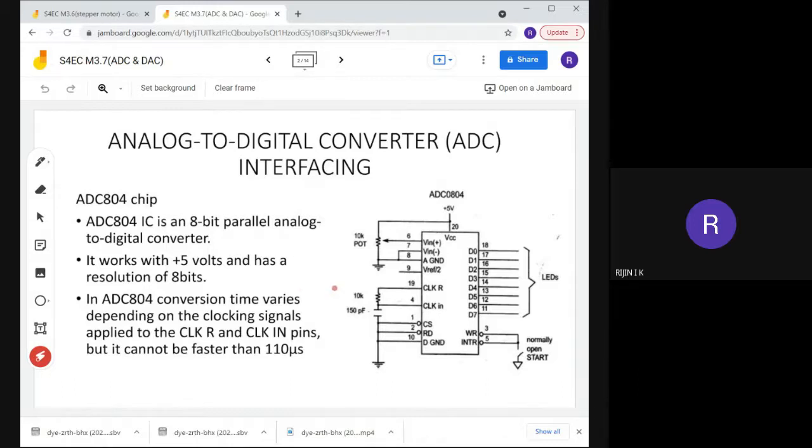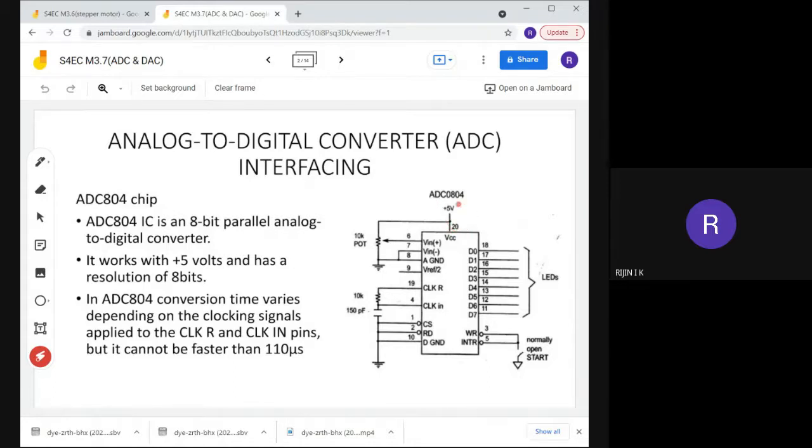Actually, this ADC 804 IC chip is a 20-pin IC. That means it has 20 pins. Pin number 20, this one, is connected to VCC, the power supply.